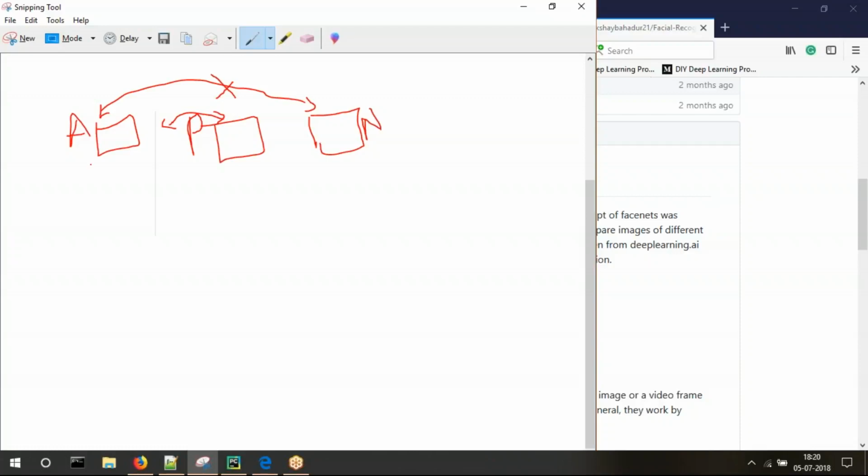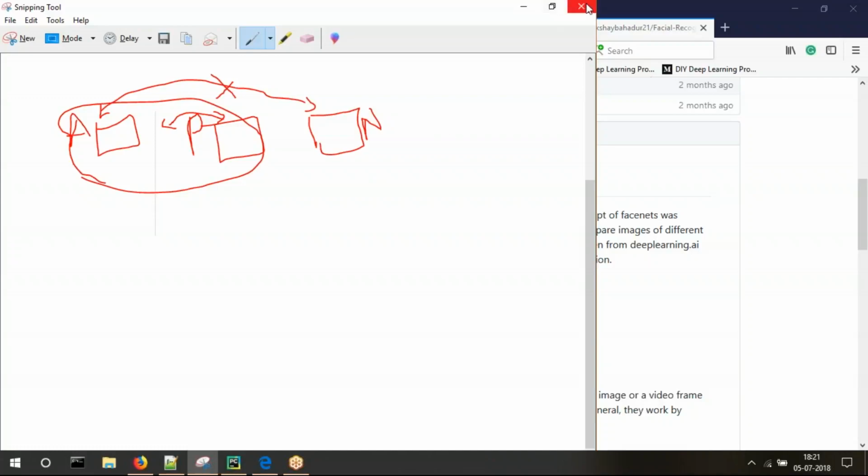So you want to make sure that the similarity between the anchor and the positive is very high. So you want to make sure that your model recognizes similar pictures, and at the same time, the similarity between the anchor image and the negative image should be very low, just to make sure that even if the person looks similar, it should be able to recognize whether the person is actually the one I'm referring to.